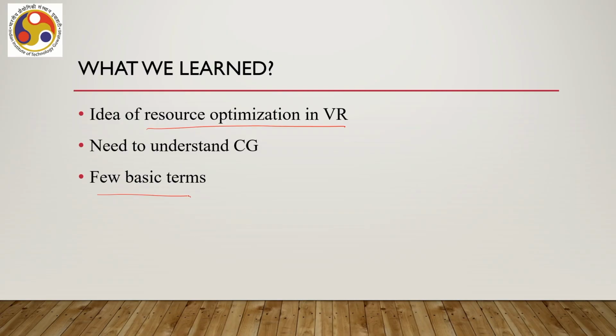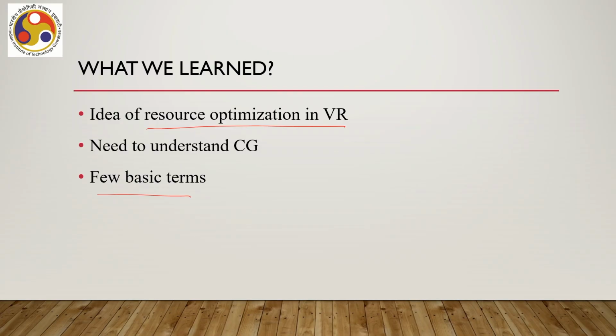However, to better understand the why part, we need to understand how rendering takes place, which leads us to the understanding of computer graphics. So, here we started our discussion on computer graphics. We started with explaining a few basic terms and a generic architecture.